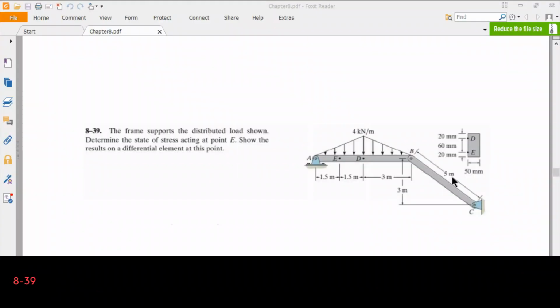Now we have a rectangular cross section, and we are asked for the state of the stress at point E. In fact, the state of the stress at points E and D are the same, but we are going to calculate it for point E. Well, it will change in fact due to the bending moment and bending stresses, because the directions of the stresses at point D and E are different.